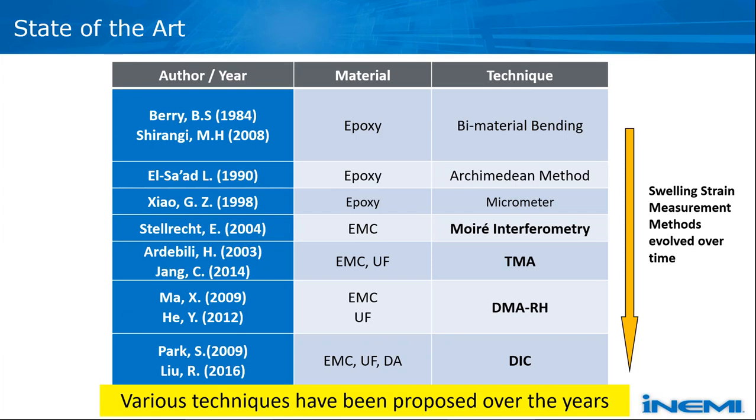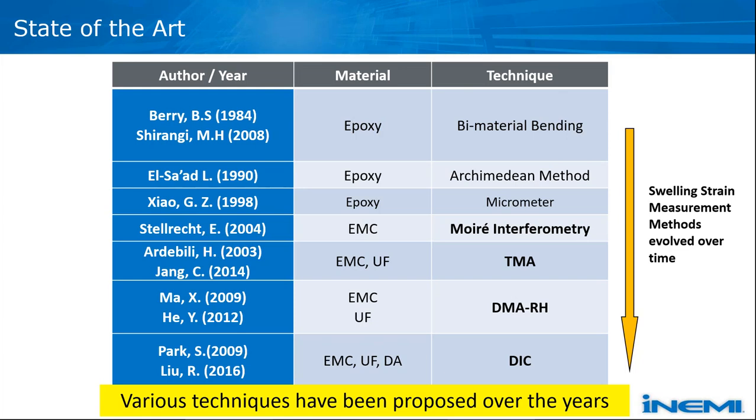In the early 2000s, there was the Moiré interferometry, which we know is very sensitive and also very precise, but it has some limitations. It's very sensitive to temperature fluctuations. It also requires a grating pattern to be replicated onto the specimen surface, which may add stiffness and adversely affect the specimen swelling. And besides that, it's also pretty complicated to set up.